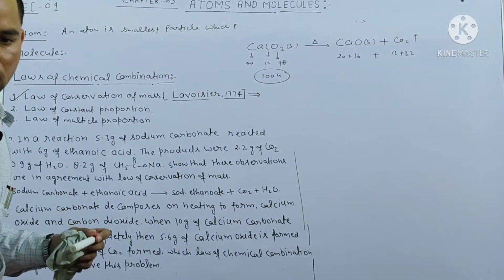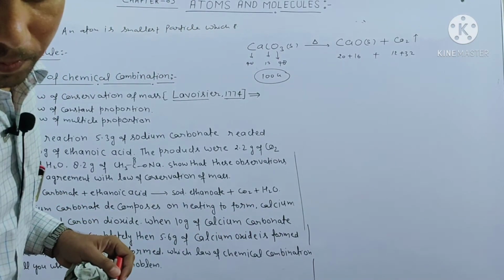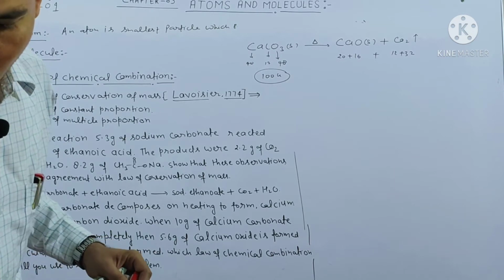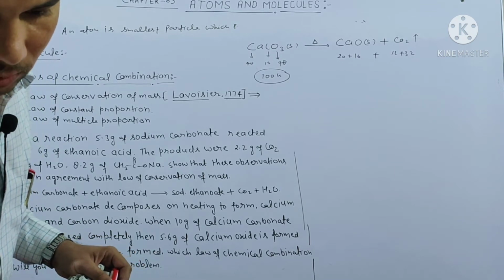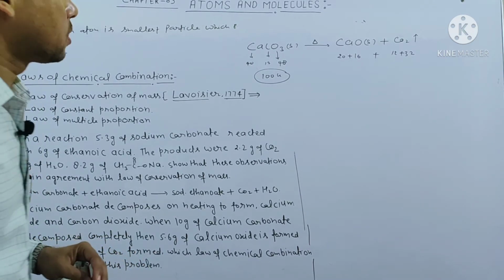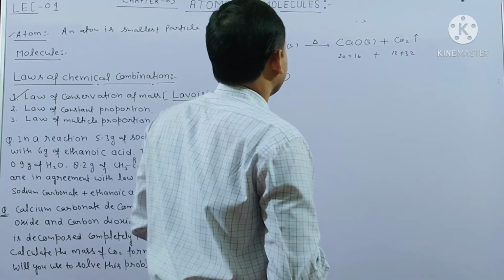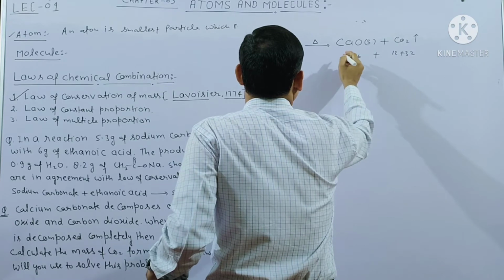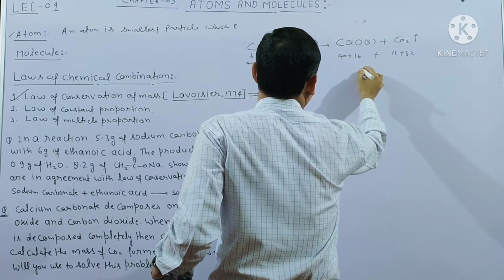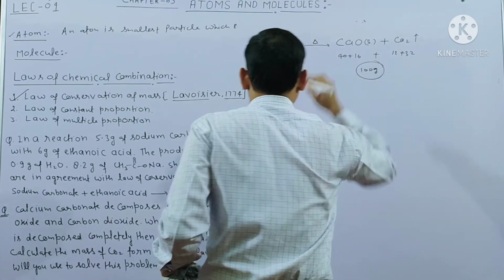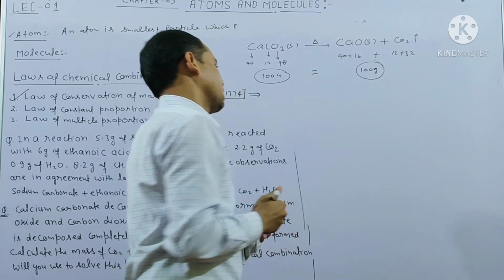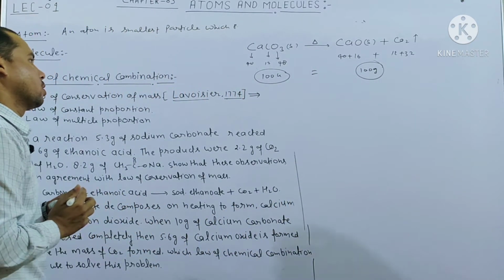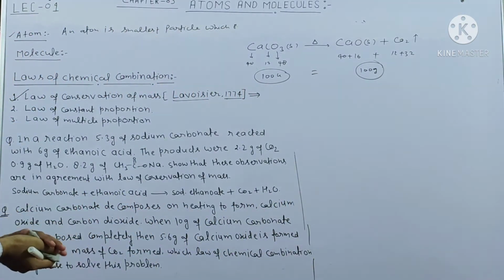Please wait, there is some problem. Calcium oxide: calcium is 40, so it is 56, and with carbon dioxide 44, the total is 100. So the mass of reactant must be equal to the mass of product in any chemical reaction.